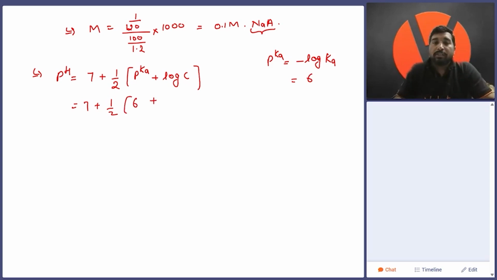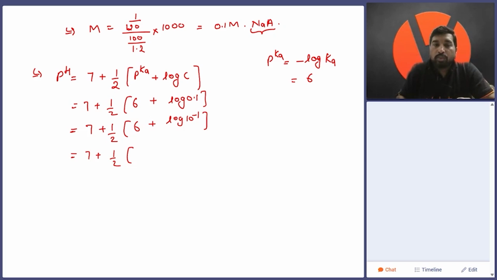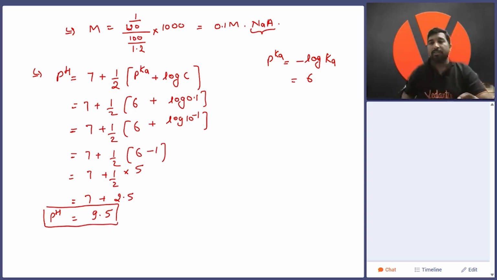So on solving, 7 plus 1 by 2 of 6 plus log 0.1, that is log 10 to the power minus 1. So 7 plus 1 by 2 of 6 minus 1, that is 5, and 7 plus 2.5, that is 9.5 should be the answer.